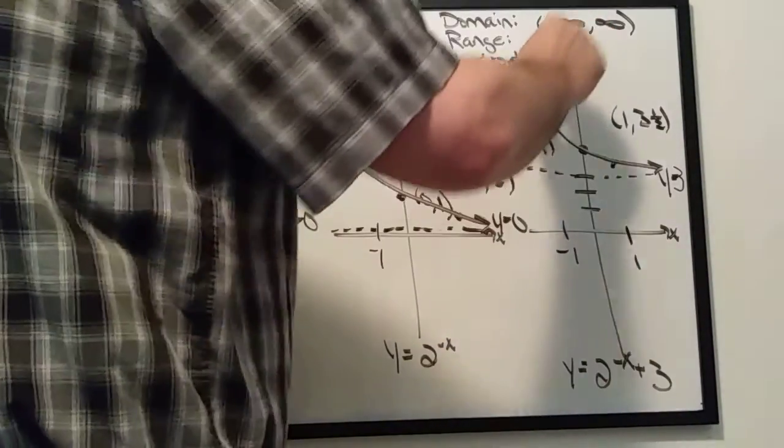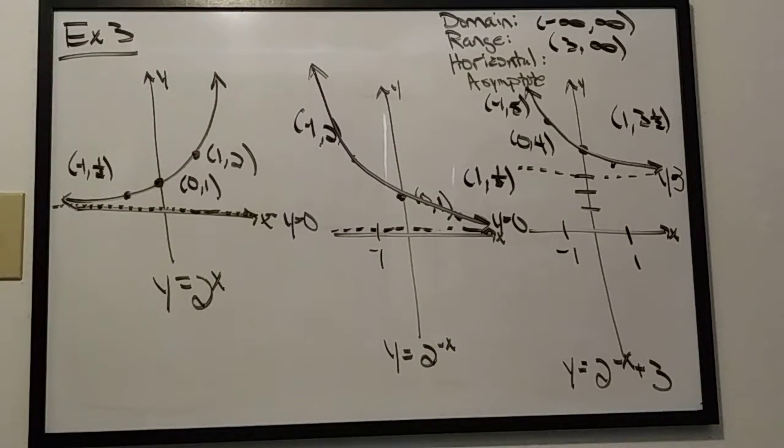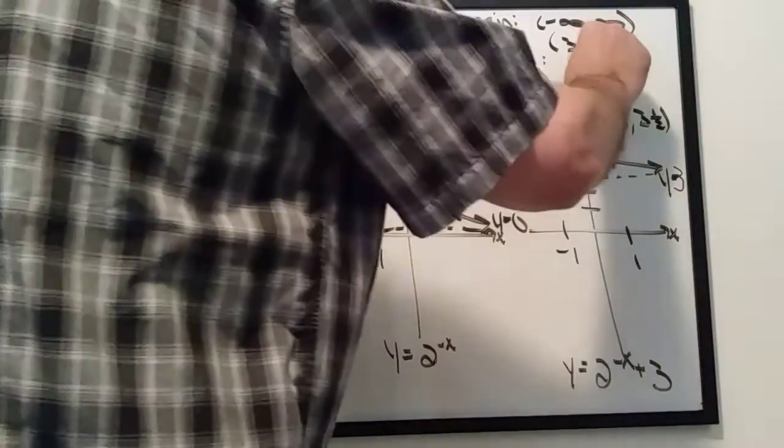So I'm going to have a parenthesis next to that 3 to demonstrate the fact that I'm not going to cross through that horizontal asymptote. So parenthesis 3 comma infinity would be my range. And then finally, once again, the horizontal asymptote: you always need to write it as an equation. So the equation of the horizontal asymptote is y equals 3.